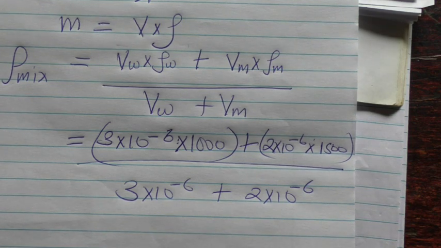So that is what I have to manipulate with my calculator and simplify to the final density of the mixture. That means our final density of the mixture will be in kilograms per meter cubed. So that has been density of mixture.